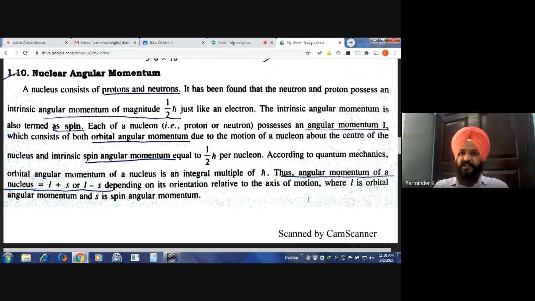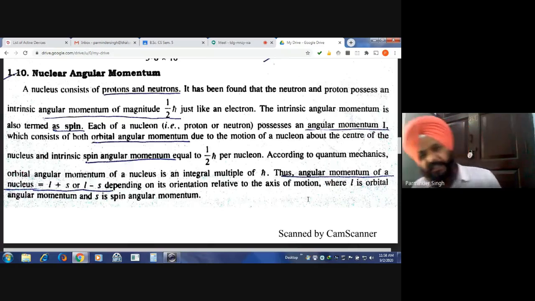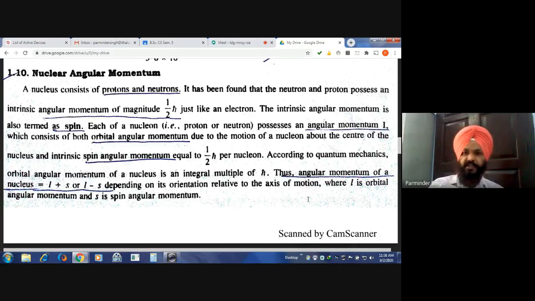And it is found that the neutrons and protons possess an intrinsic angular momentum of magnitude half h cross, that is 1 by 2 h cross, just like an electron. So the intrinsic angular momentum is also termed as spin. Spin of the intrinsic angular momentum is also denoted as the spin of that particle.